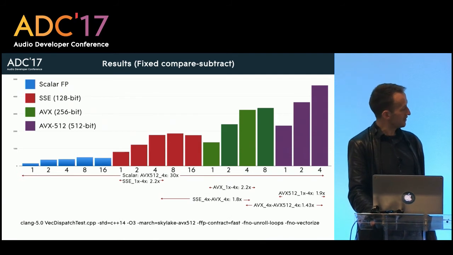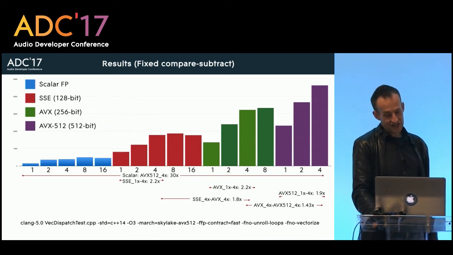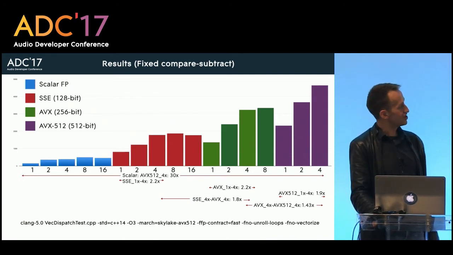It turns out the compiler is actually cheating a bit. If we look at the command line there, what it's actually doing is generating some 512-bit code using 32 registers, even when we're only using the 128-bit intrinsics.